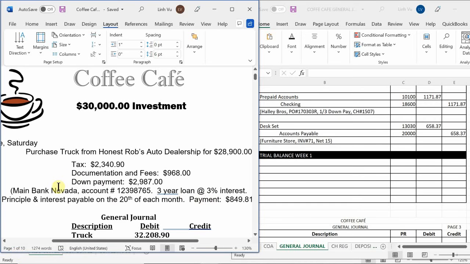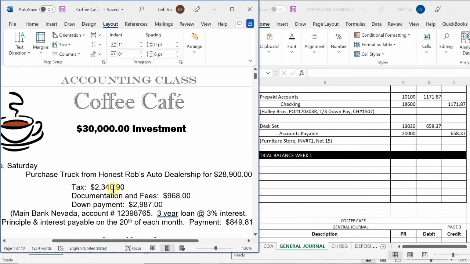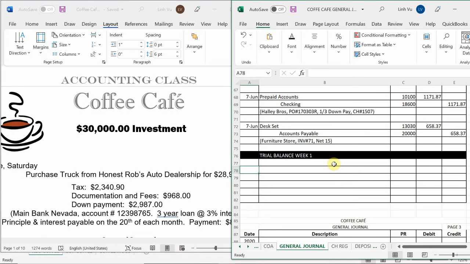And of course, how do we journalize this? We have a few things that we acquired here. A truck. Right, we bought a truck. So in this case, I'm going to make my note here. It is the 8th. We bought a truck.